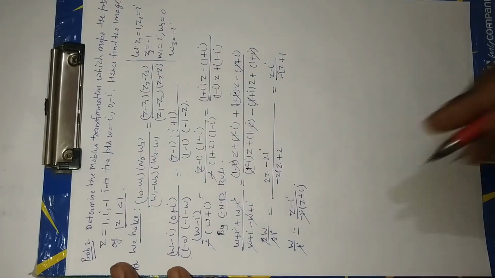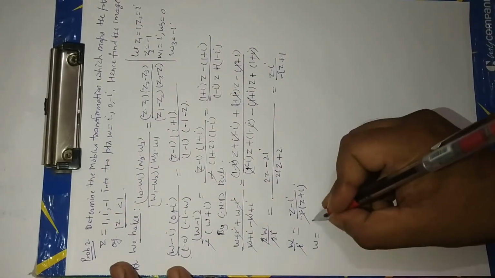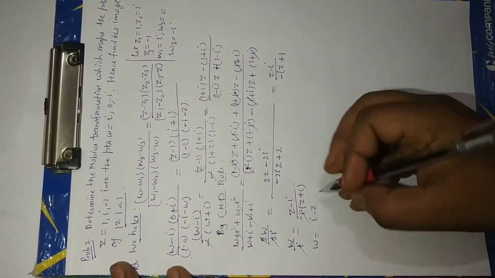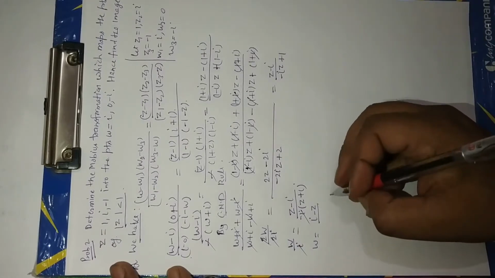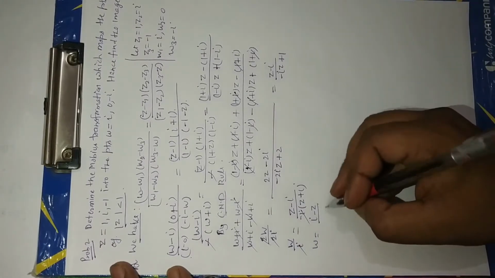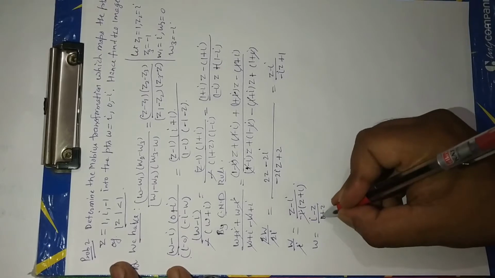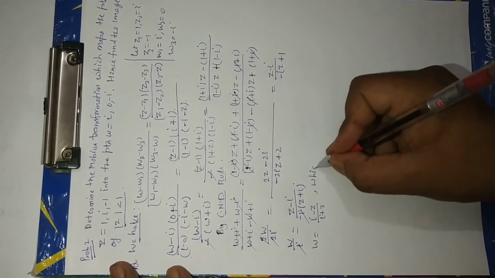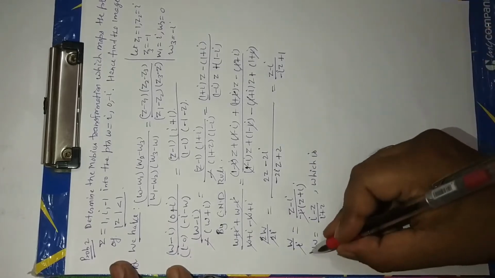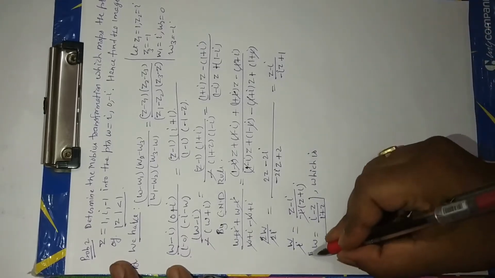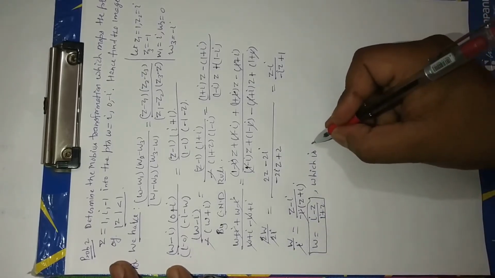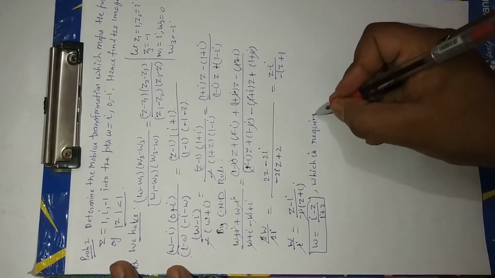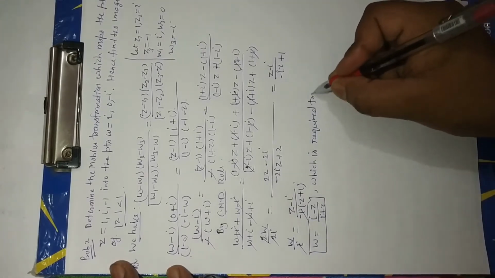That is w is equal to (i minus z) upon (i plus z), which is the required transformation.